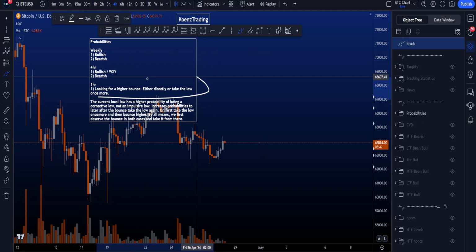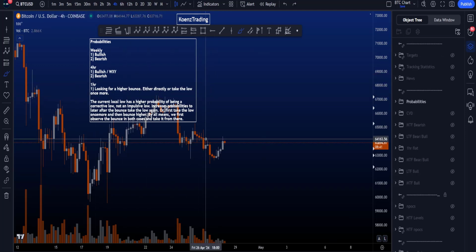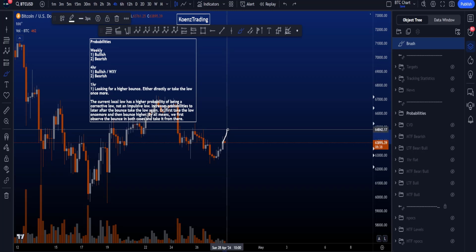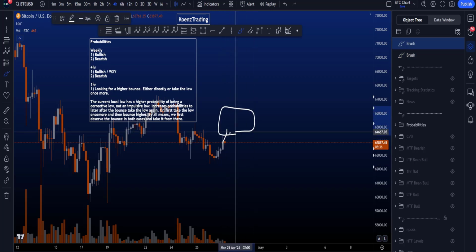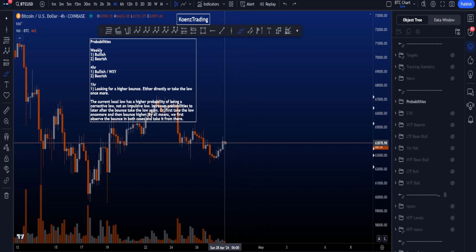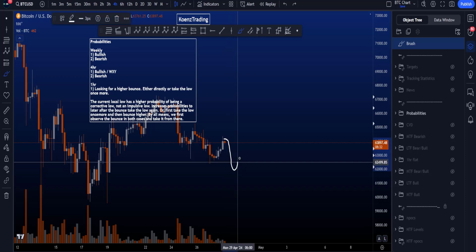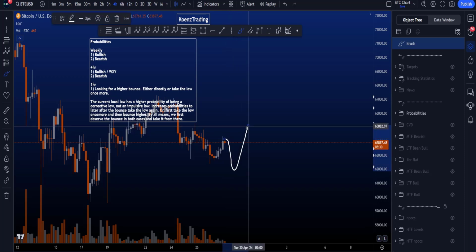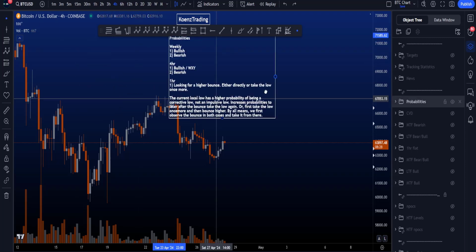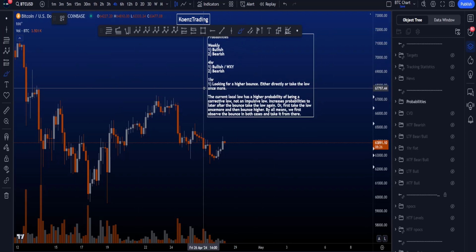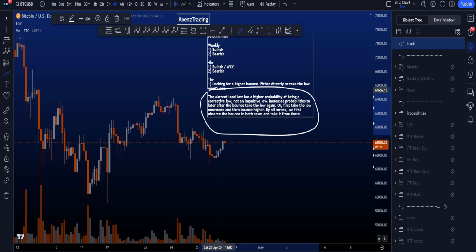And on the 1-hour time frame, we are looking for a higher bounce, either directly move higher into the target areas, right, for the different scenarios, or first move down once more, take the low, and then get that bounce towards the upside.